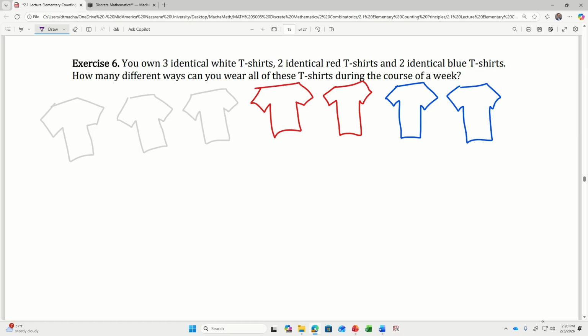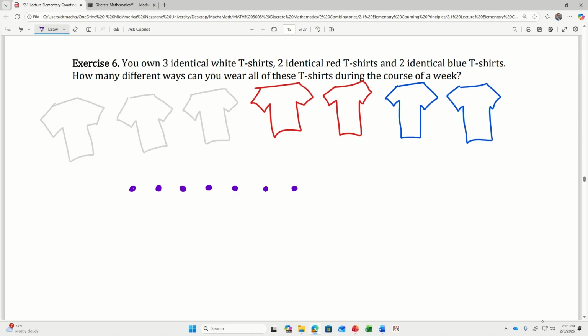This thinking through the problem is going to work a lot like with our golfers. I'm going to make a row of 7 dots where each dot gets to represent a t-shirt. And pretend for a moment that these are all distinct t-shirts, right? What if I could tell these apart?